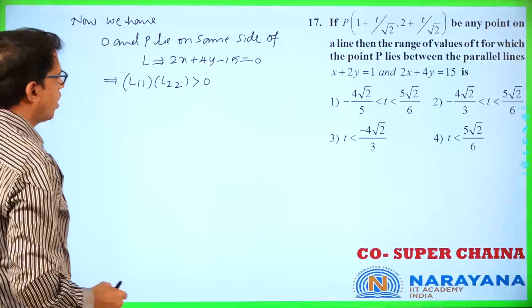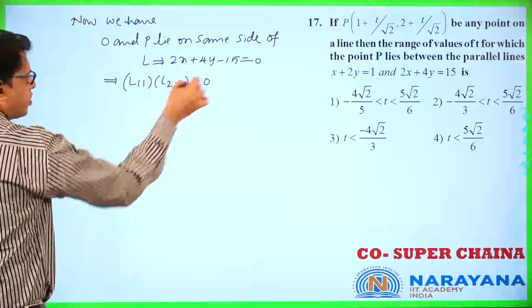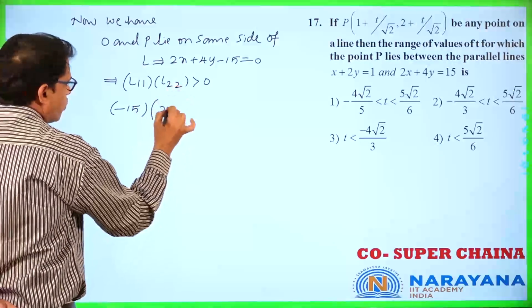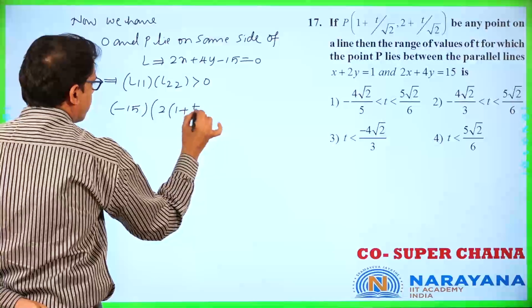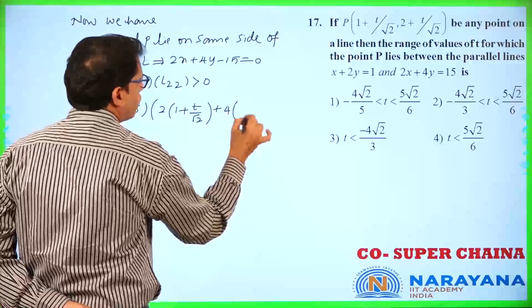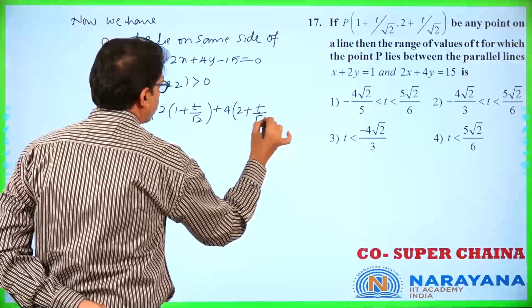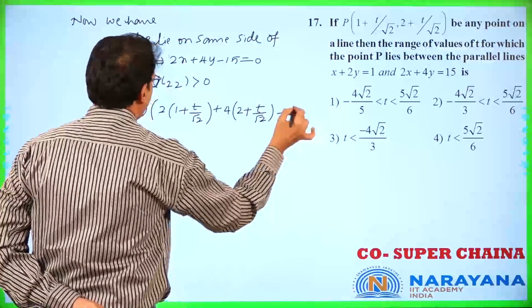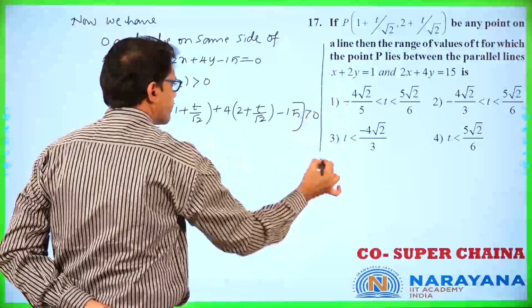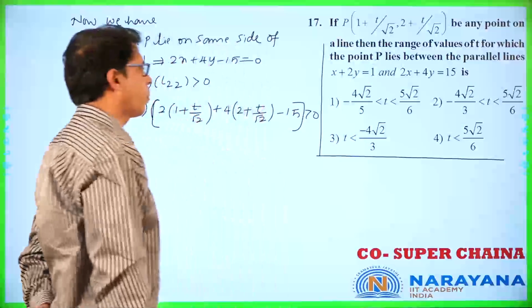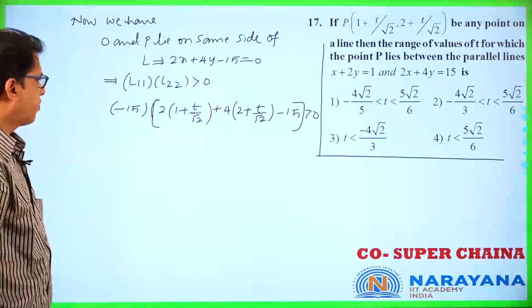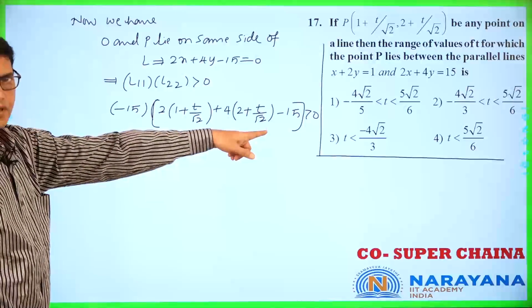L11 means apply the origin first, that implies 0 0, this will be minus 15. L22, so 2 into the x value, so 1 plus t by root 2, plus 4y, plus 4 into 2 plus t by root 2, then minus 15. Now close the brackets, this is greater than 0, okay. Again, if you divide by minus 15, the sign changes.